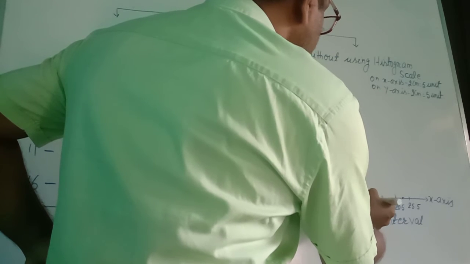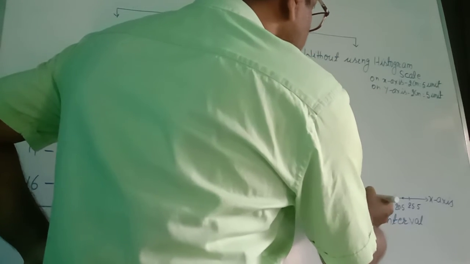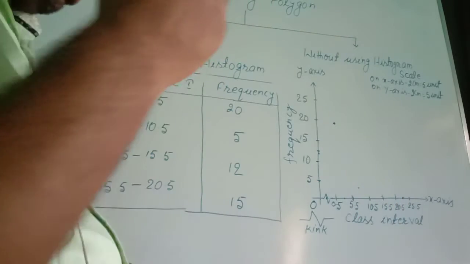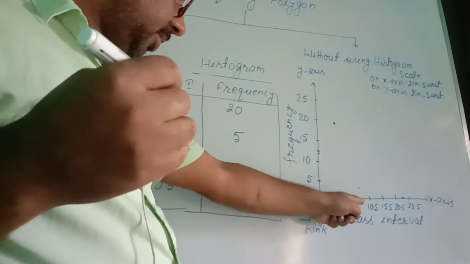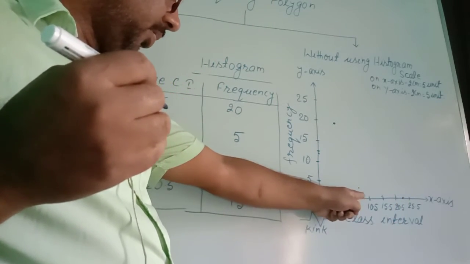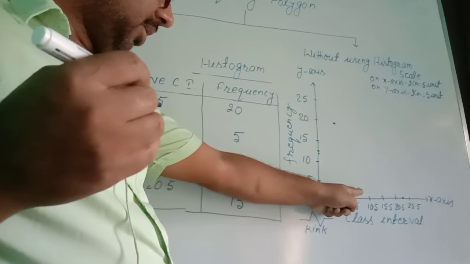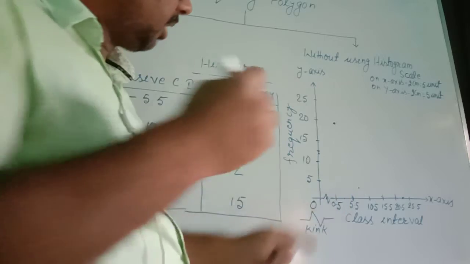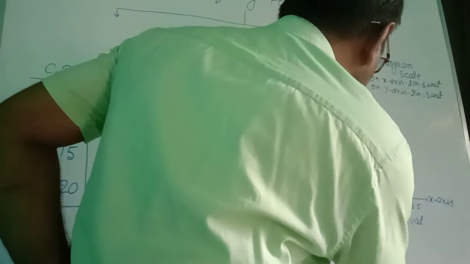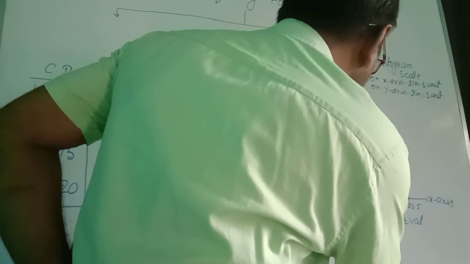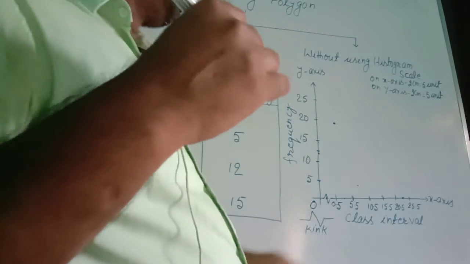This is the point above the middle point of this class interval. We go up the straight line, just in front of 5, it may come a little above here. You will use a scale so this will come accurately on the line.